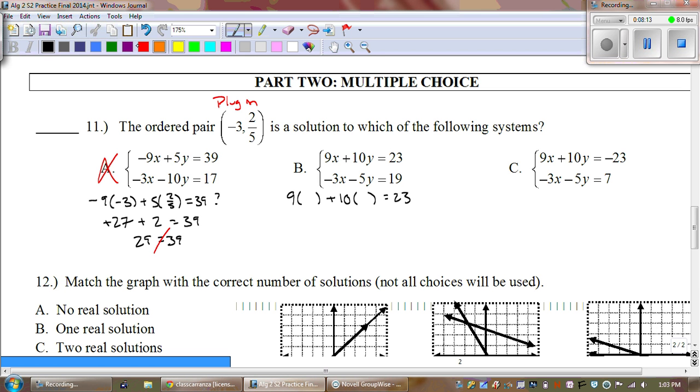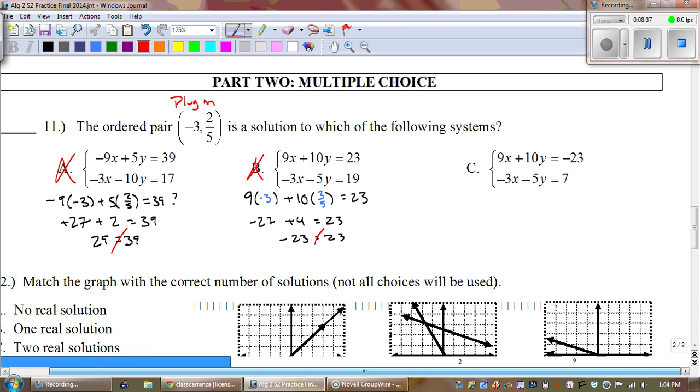Go ahead and pause the video, and good luck. Okay, so I ended up getting -23 equals 23, and is that true? No. Okay, so B doesn't work either.